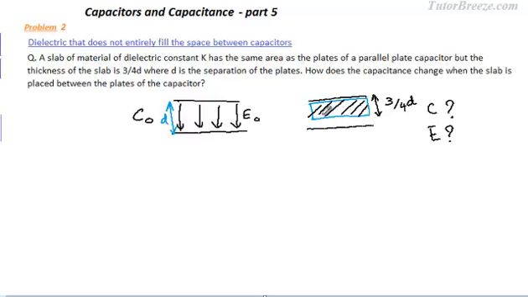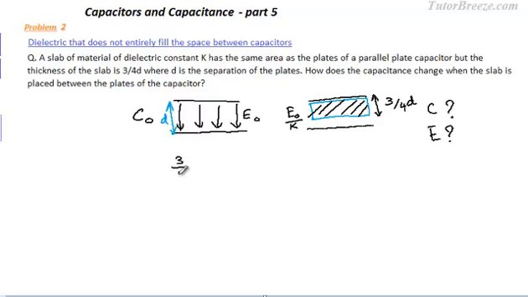Now you know that in 3/4 of the region where we've placed the dielectric, the value of the electric field, if originally it was E naught, will be E naught over K, which means it is reduced dielectric constant times.